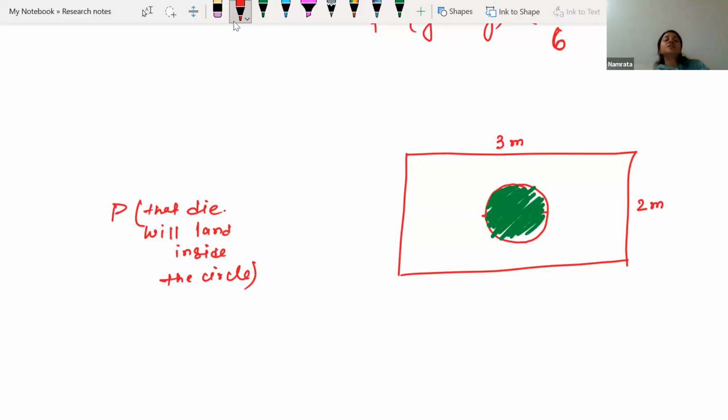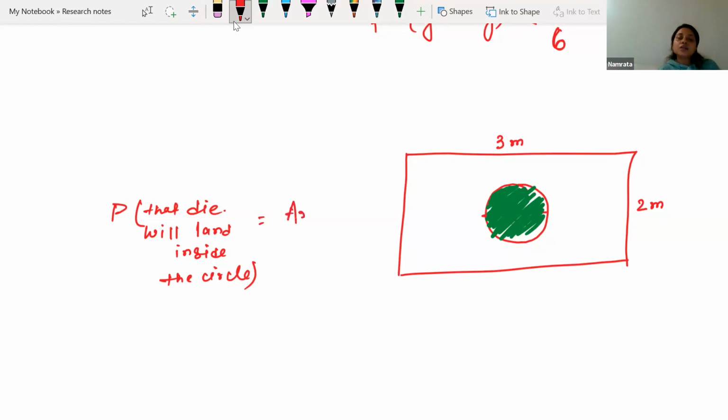But here this is slightly different. If we have a total rectangular region and there is a circle inside it, and I am throwing a die and I want my die to be inside the circle, that means I want my die to be anywhere inside the area of the circle. So the favorable outcome will be the area of the circle, and the total outcome will be the area of this rectangle.